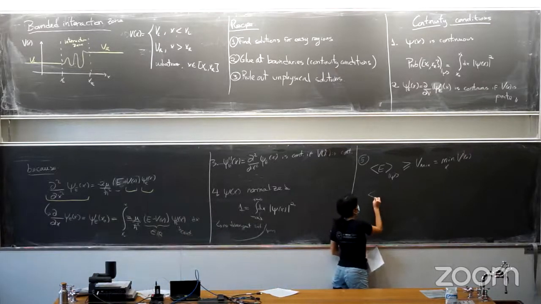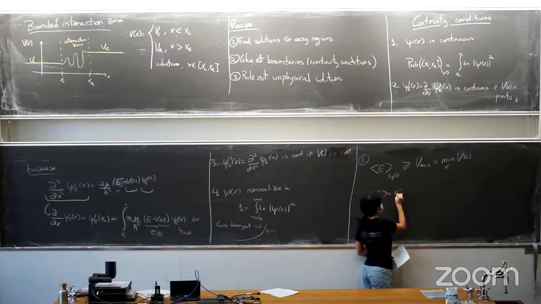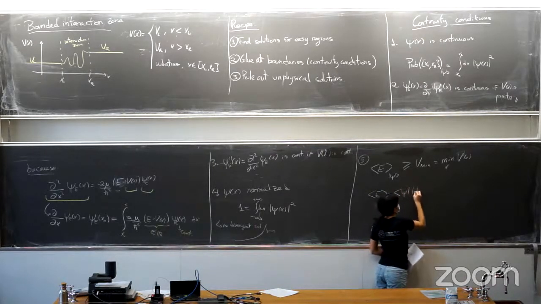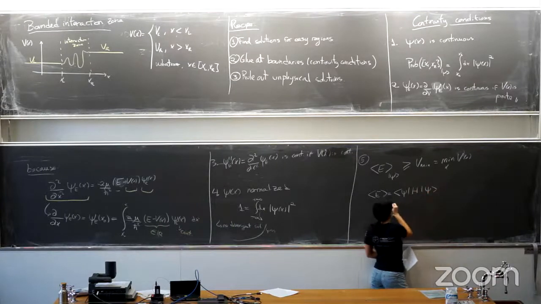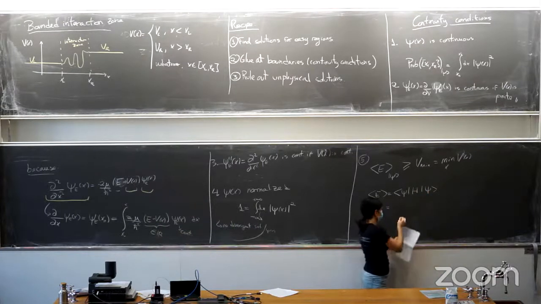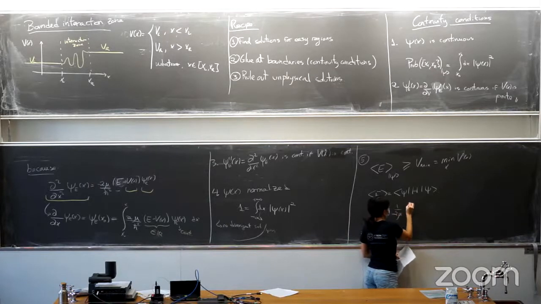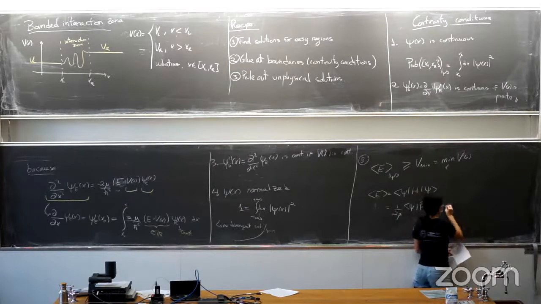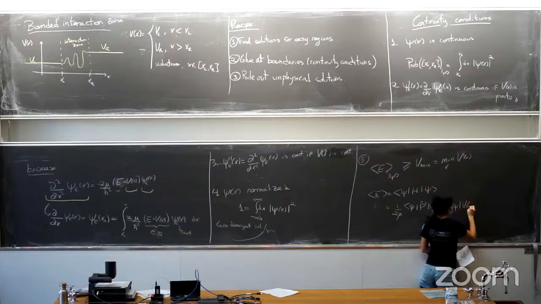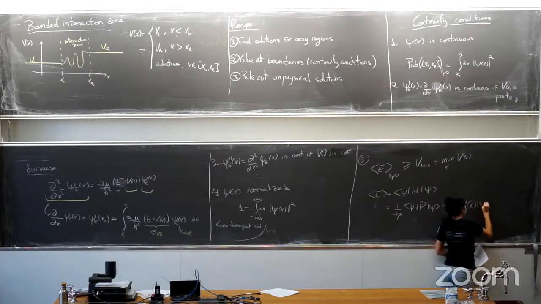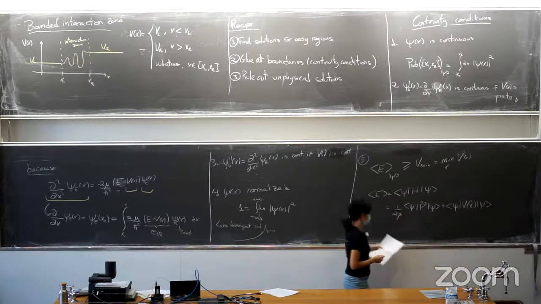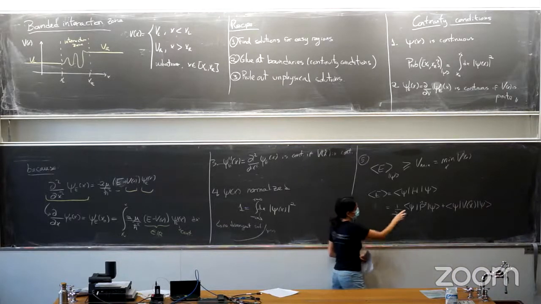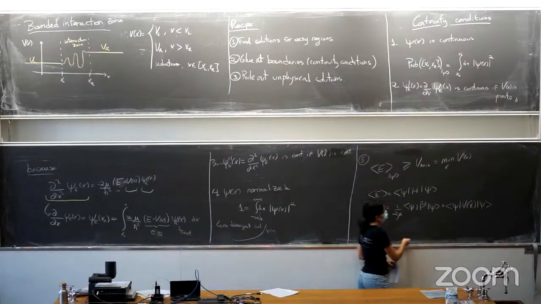So this is the expectation value of H, which has these 2 terms: the kinetic term, minus h bar squared over 2 mu, psi d squared psi, plus the integral of psi V of x psi. So this is for any state. Now this first term is larger than 0.